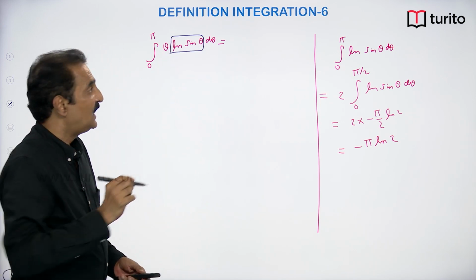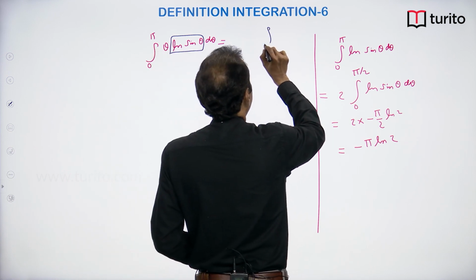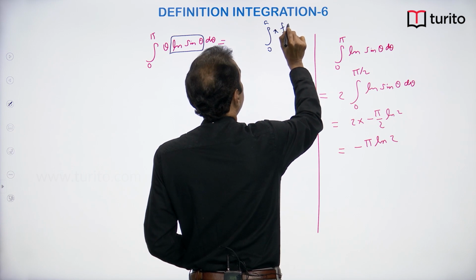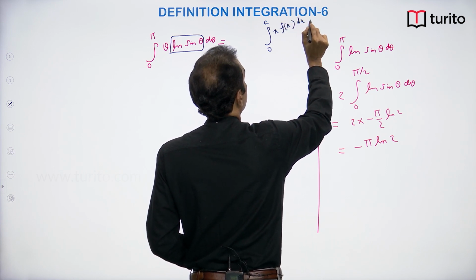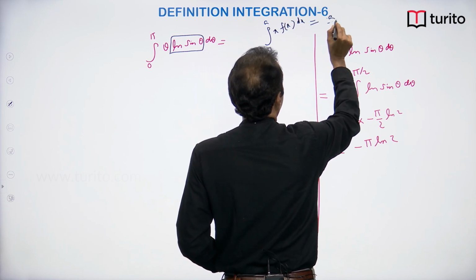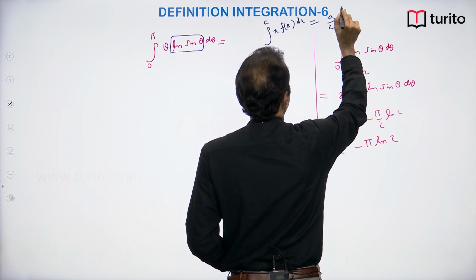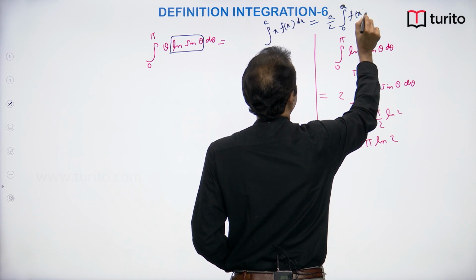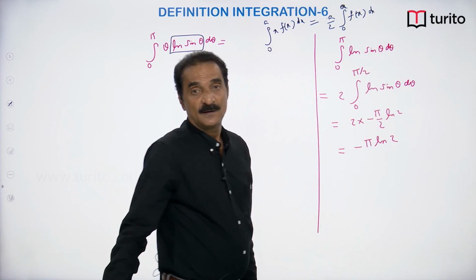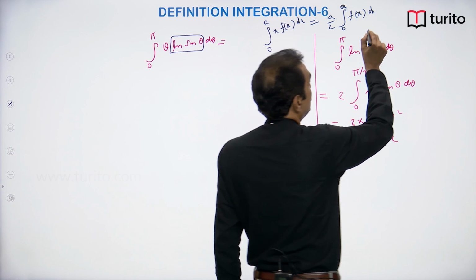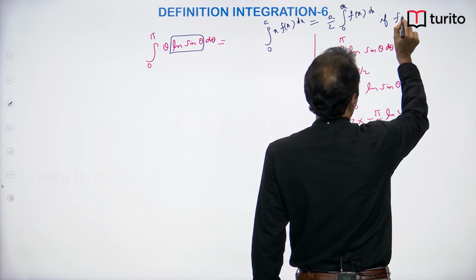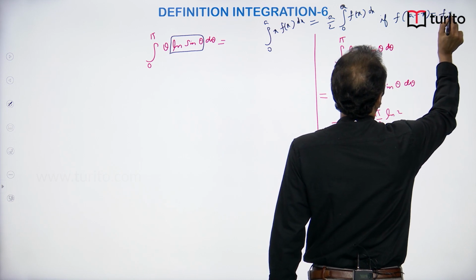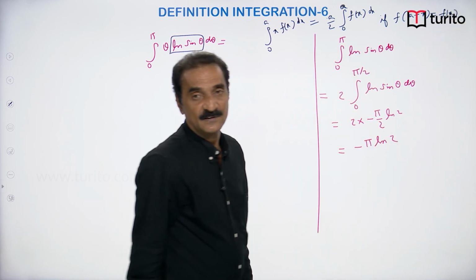If you remember, I have given a formula: integral 0 to a x f of x dx is equal to a by 2 integral 0 to a f of x dx, when f of a minus x is equal to f of x.